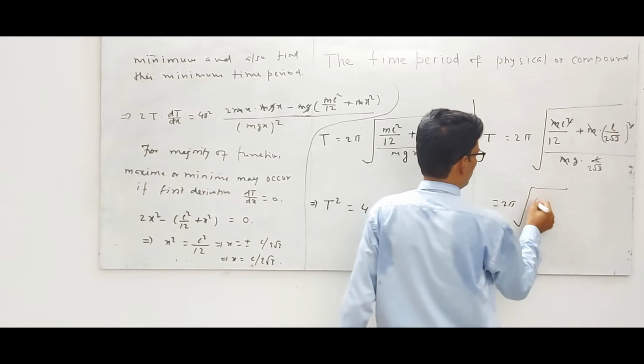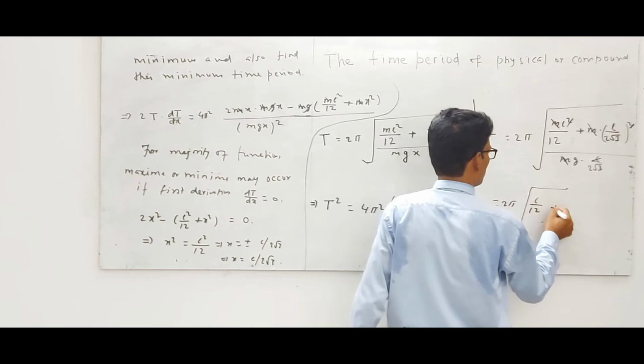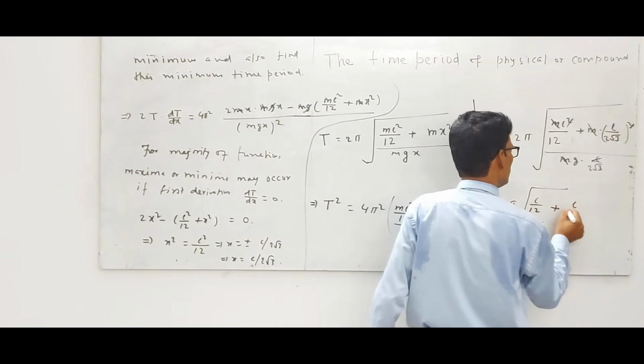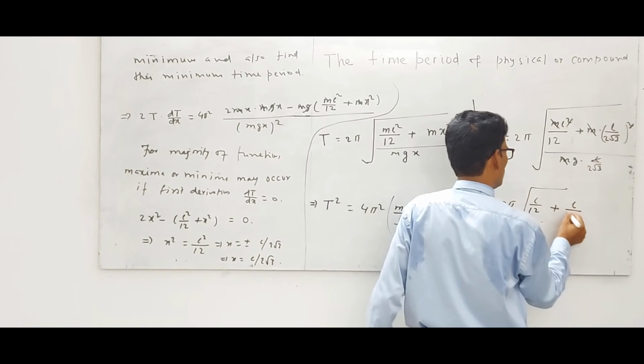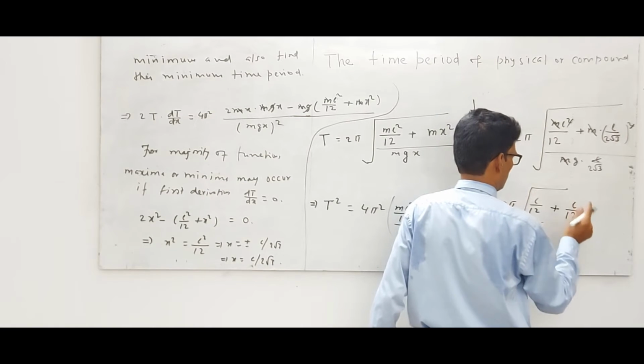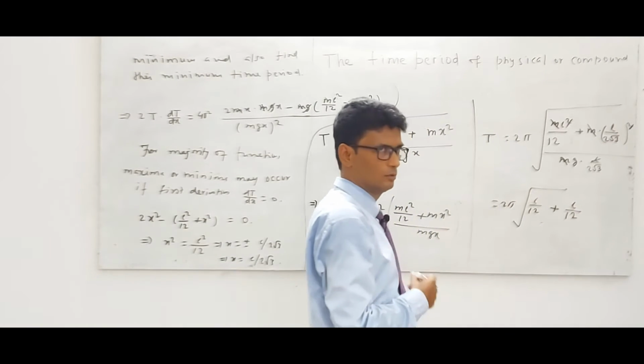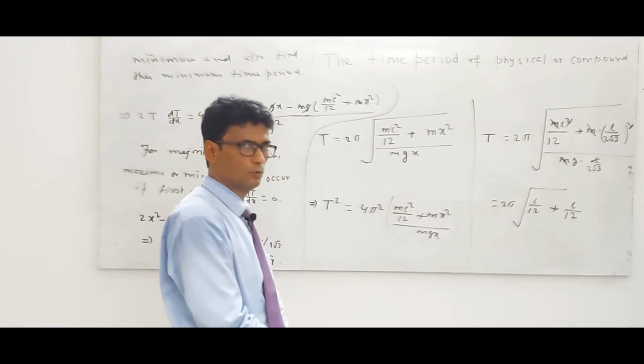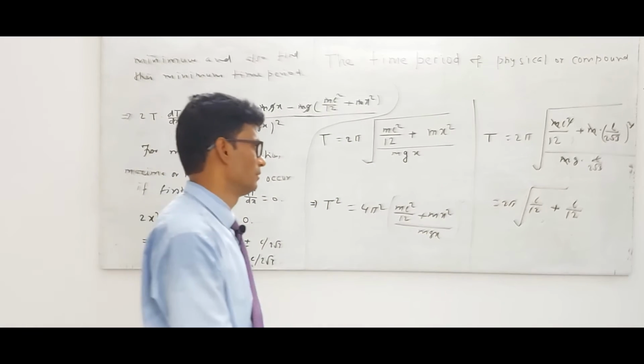So here L over 12 plus L over 12, it also comes out to be 12. Why? For 2 root 3 squared, 2 twos are 4, root 3 root 3, 4 threes are 12.